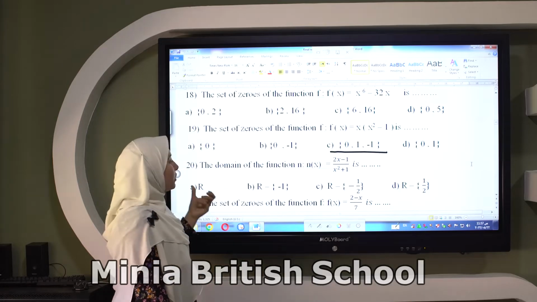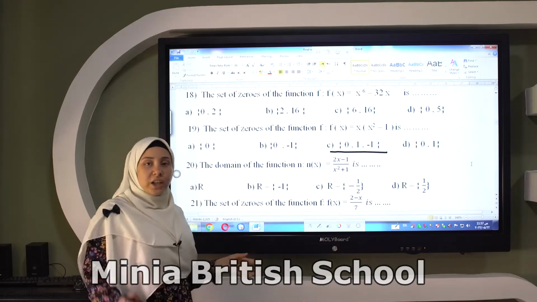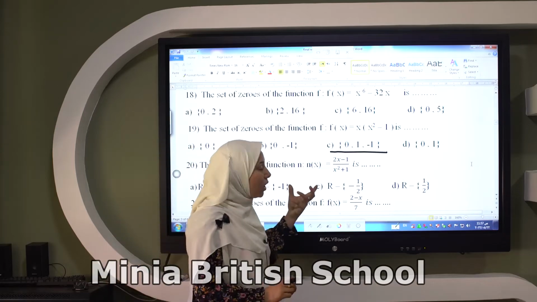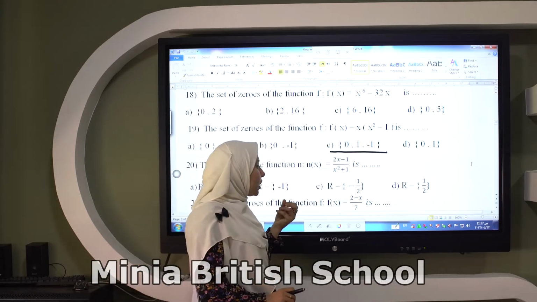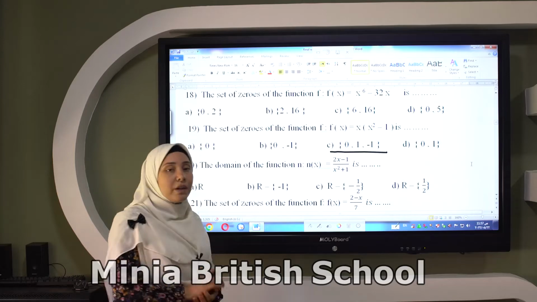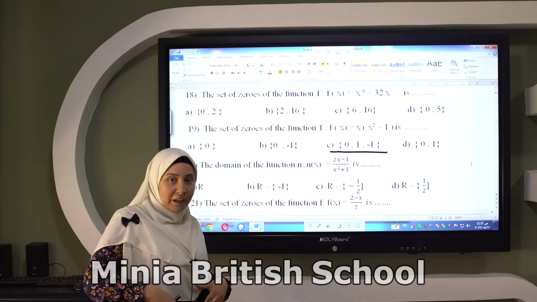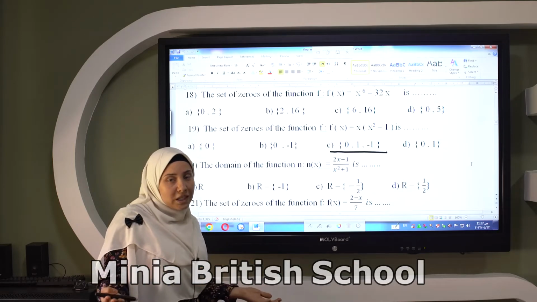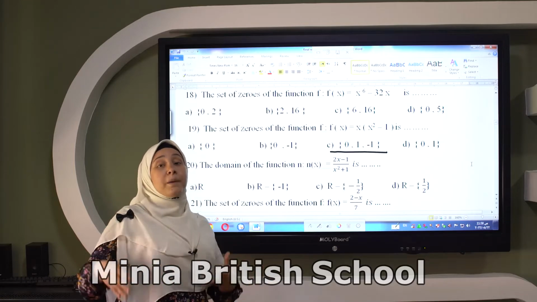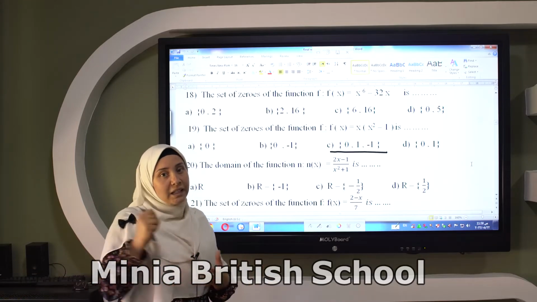Number 20, the domain of the function n, where n of x equals (x minus 1) over (x power 2 plus 1), is what? Here we have x power 2 plus 1 in the denominator, and its set of zeros equals the empty set. We know the domain equals R except the set of zeros of the denominator.